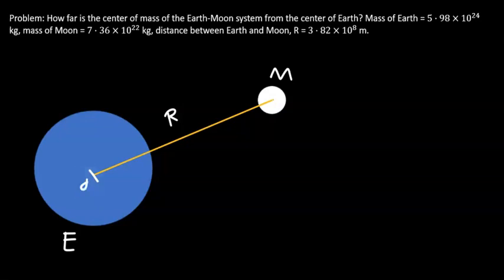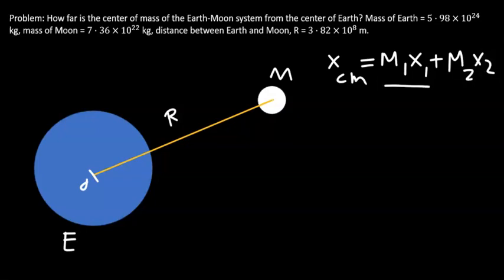So let's apply the following formula for center of mass. The center of mass coordinate from a given origin equals mass 1 times its coordinate from the origin plus mass 2 times its coordinate from the origin, over the sum of the two masses.